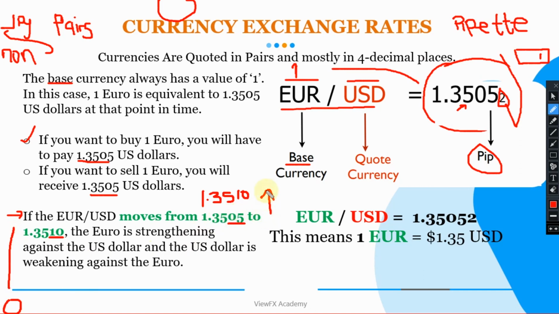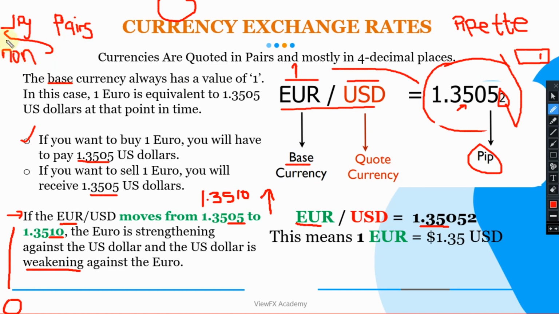So this is an increase in value. So we will have a currency pair like this and there is an increase. It means this euro here, which is the base currency, is strengthening against the dollar, is becoming stronger than the dollar. That is why it's going up. And once it's becoming stronger, it automatically means that the USD is getting weak for non-JPY pairs.